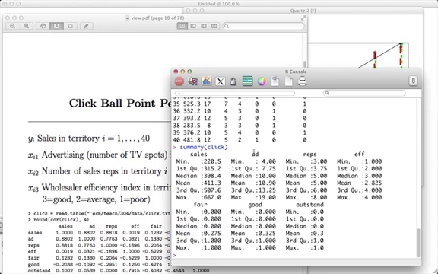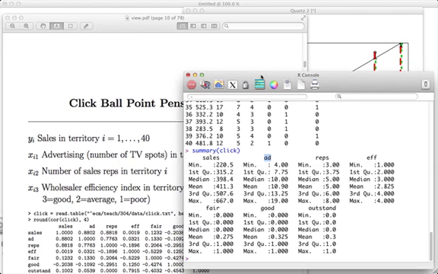One of the things is how many advertisements you ran on television during that period. You also know the number of sales representatives that you have in the field, and you distribute these pens through some wholesaler. And different wholesalers in different territories have different levels of effectiveness.